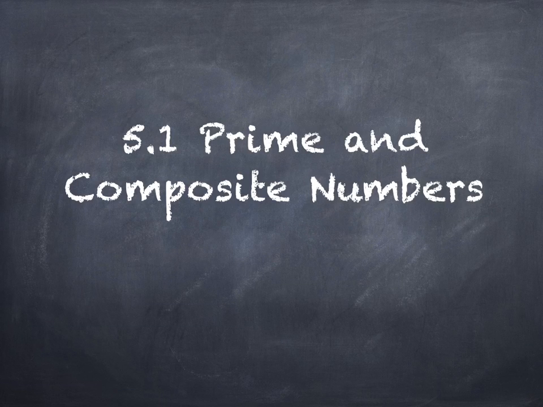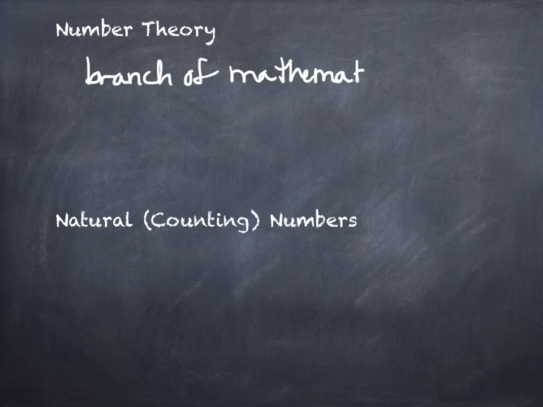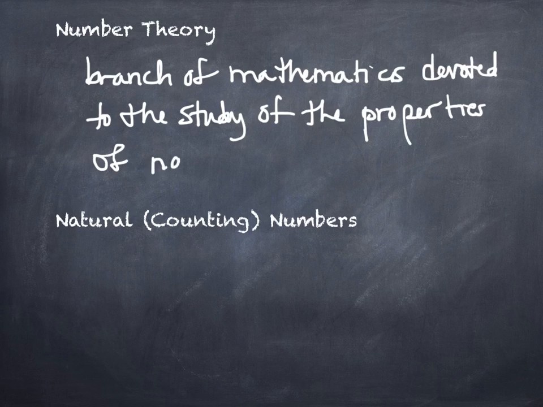Today we're going to start talking about some information about composite and prime numbers, and the first thing we need to take a look at is an item called number theory. Number theory is actually a branch of mathematics devoted to the study of the properties of natural numbers.